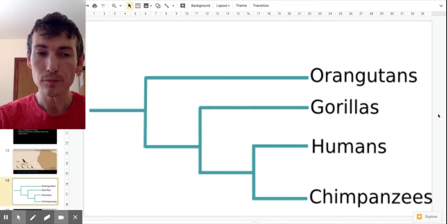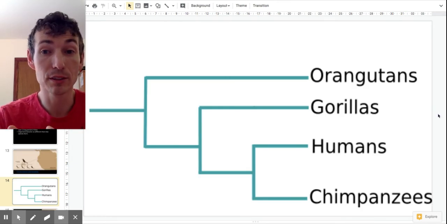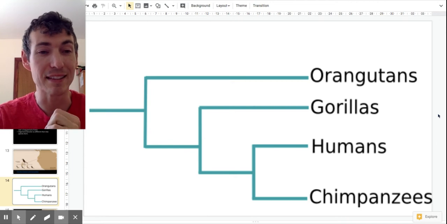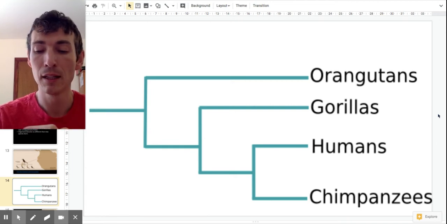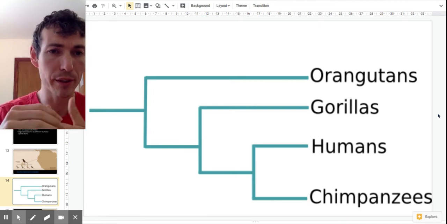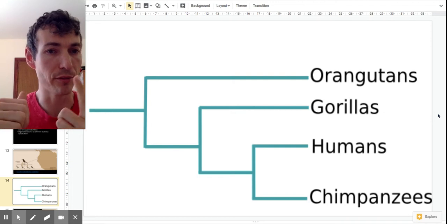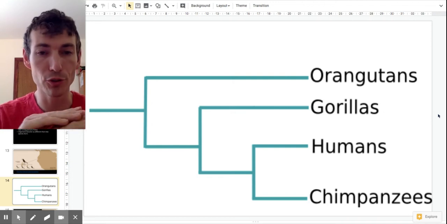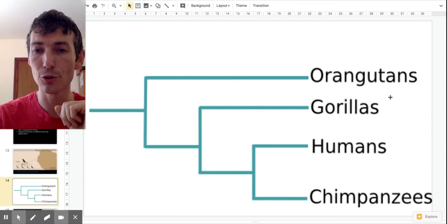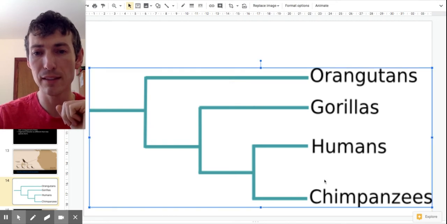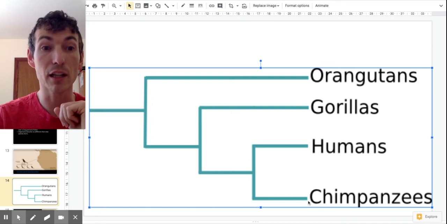Now, this is the exact same for us, for humans as well. There's a common misconception that we evolved from chimpanzees or we evolved from monkeys, and that is not true whatsoever. The truth is that here we have humans and here we have chimpanzees. So we have actually a common ancestor.